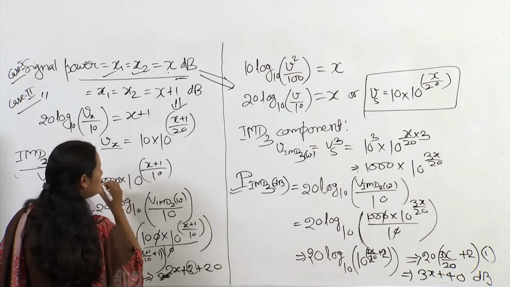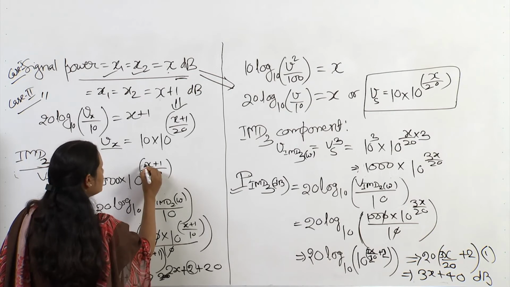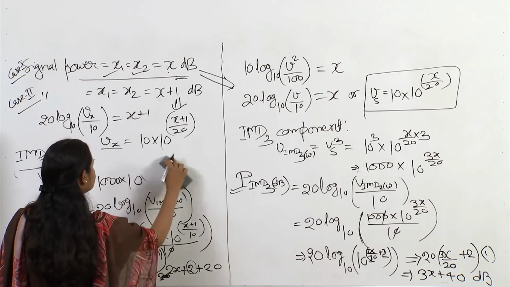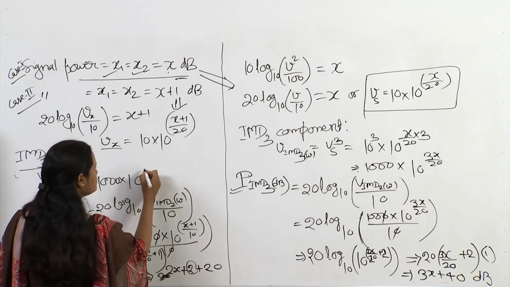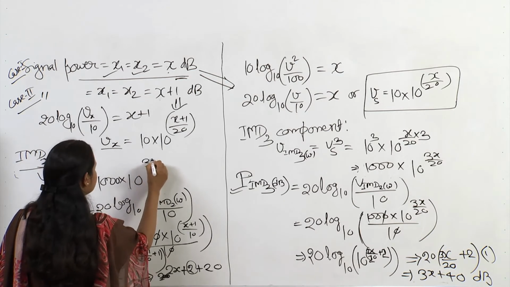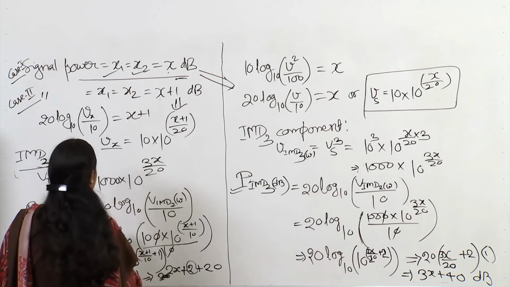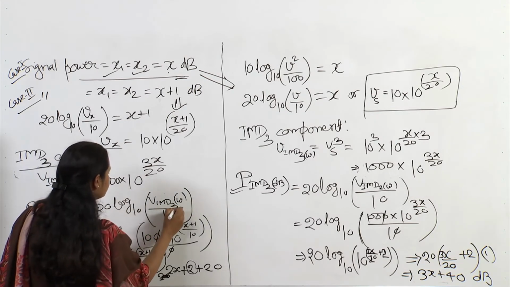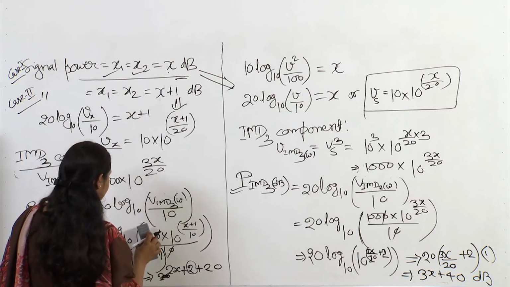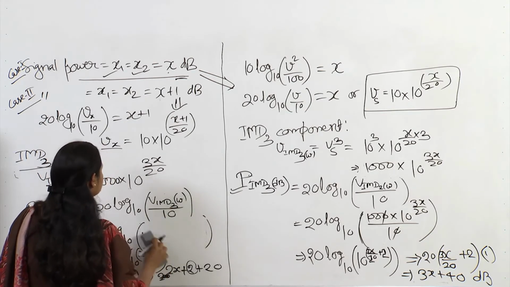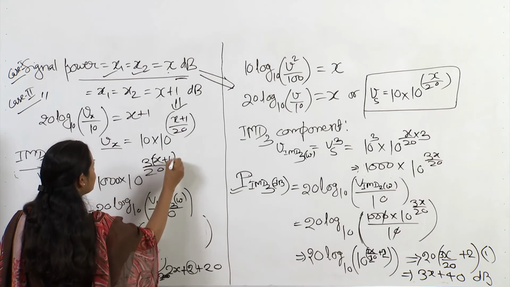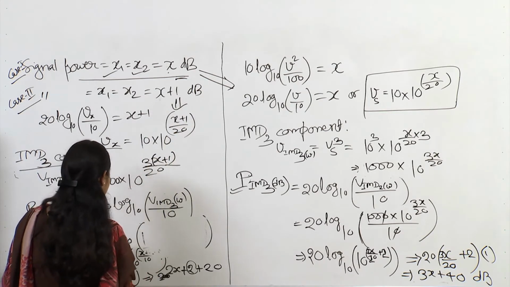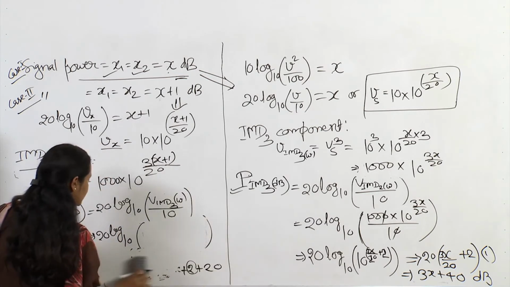It will be 1000 into 10 to the power 3x upon 20, and we can put that value here because it is third power, and instead of x we should use x plus 1 because we have increased by 1. So, now let us do this calculation for IMD 3.